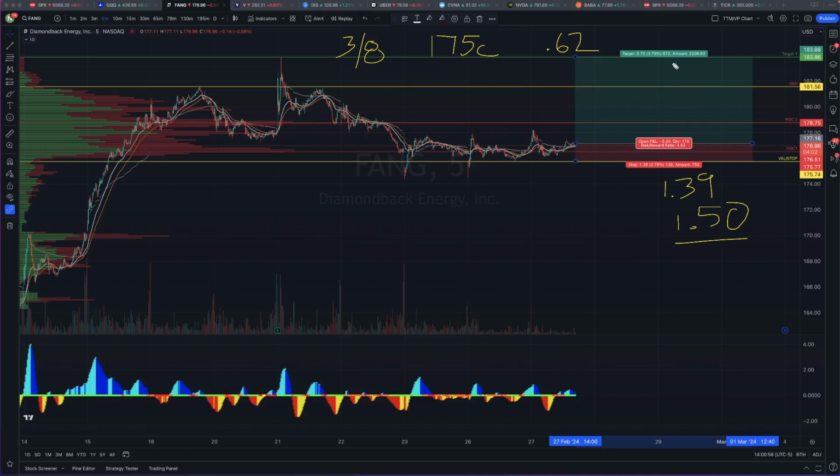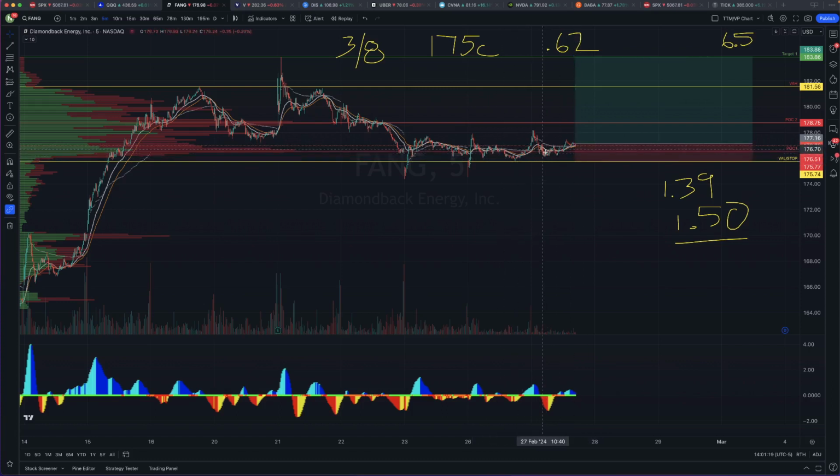So we're risking $1.50 to make, you know, 6.5 to 7. Does everybody understand that trade plan? And have any questions? Now, I'd obviously love to get into it a little bit lower if we got a little bit of a pullback.